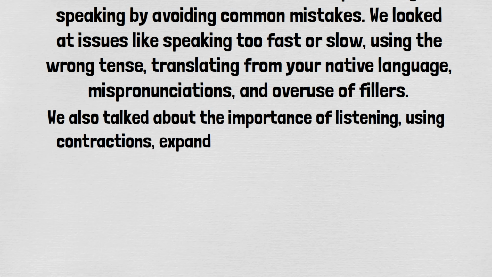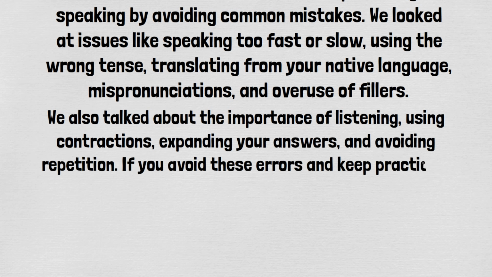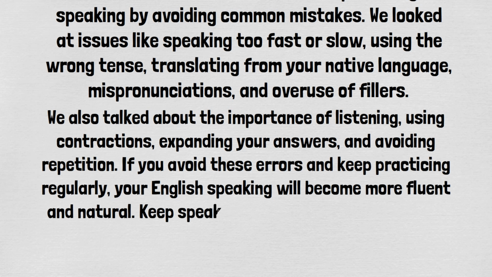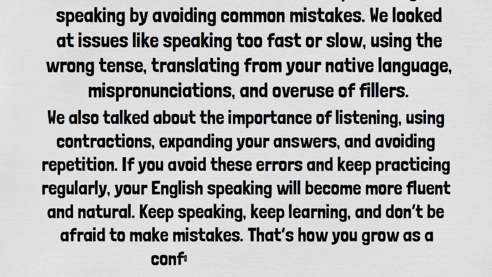We also talked about the importance of listening, using contractions, expanding your answers, and avoiding repetition. If you avoid these errors and keep practicing regularly, your English speaking will become more fluent and natural. Keep speaking, keep learning, and don't be afraid to make mistakes. That's how you grow as a confident English speaker.